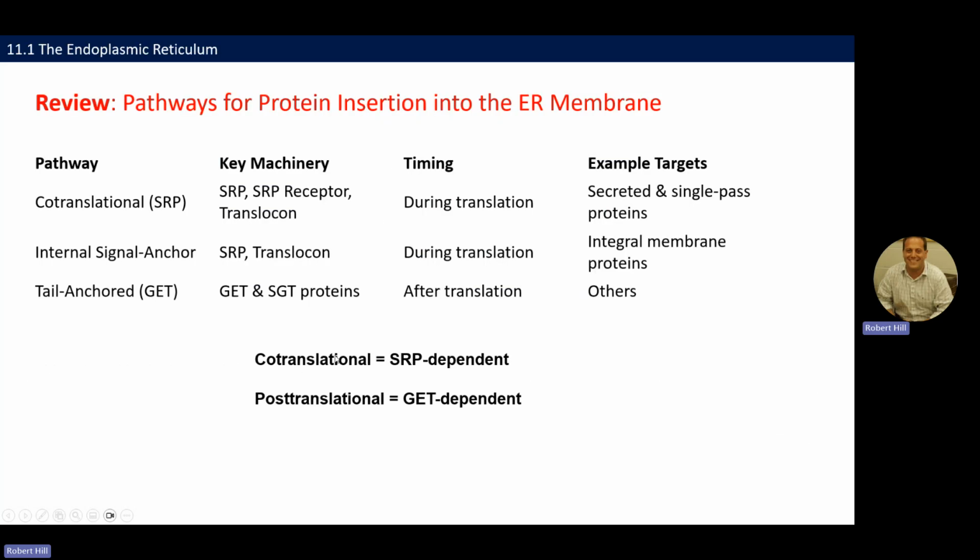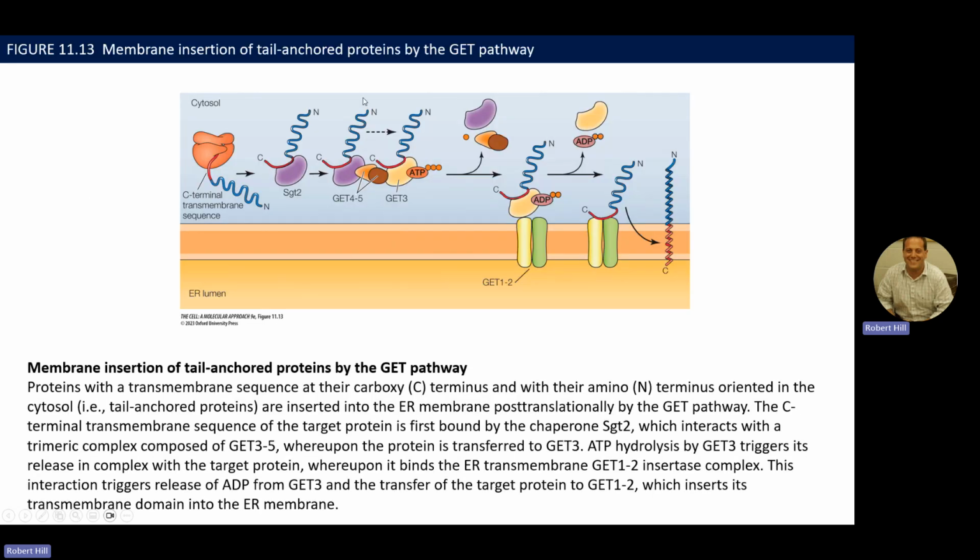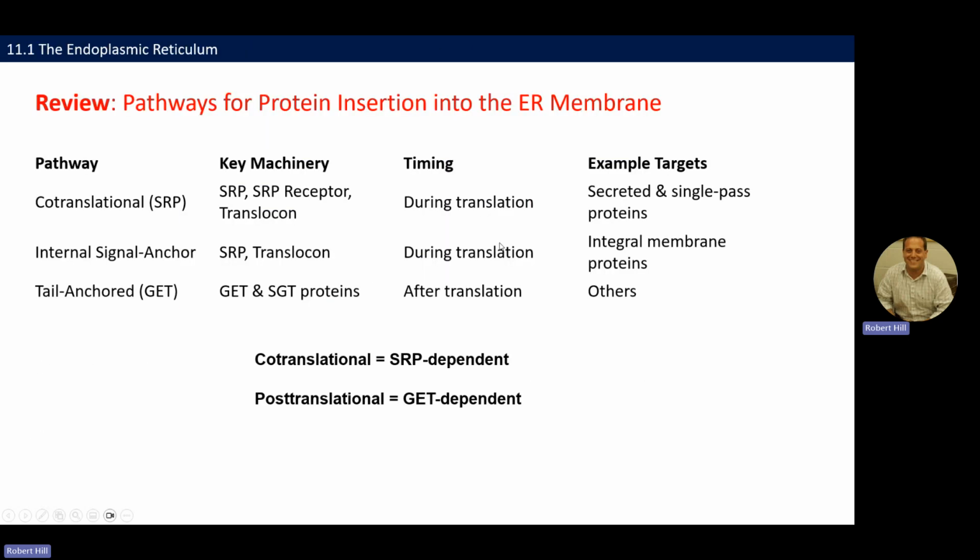Okay, so just to sum up, co-translational targeting depends on the signal recognition particle, whereas post-translational targeting depends on these GET proteins. So co-translational targeting, which involves the signal recognition particle, has an internal hydrophobic stretch within the peptide.